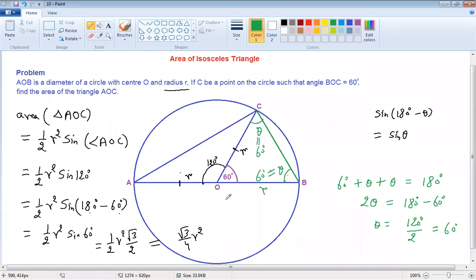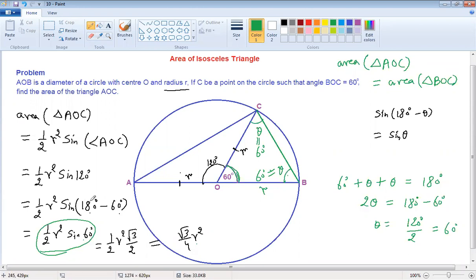And if we find the area of triangle OBC using the formula we have done today, that will be half r square sine of this vertical angle 60 degrees, which is the same as root 3 by 4 r square, the area of triangle AOC. What we learn in this problem is that the area of triangle AOC is equal to the area of triangle BOC.